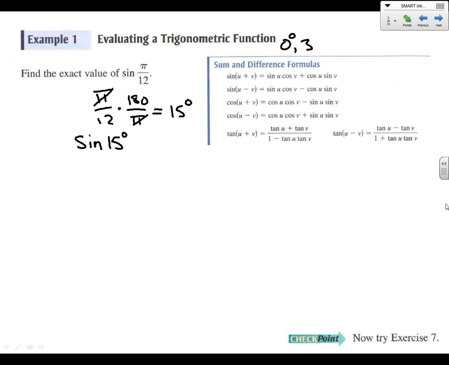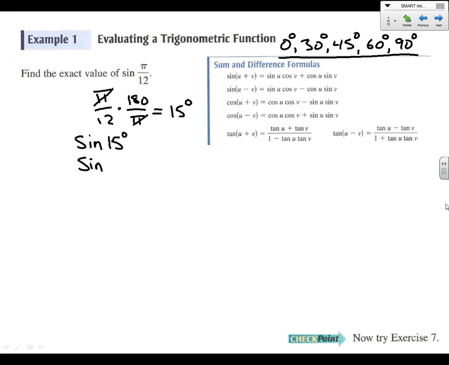We've got 0, 30, 45, 60, 90, and we could keep going into quadrant 2, but those are actually enough to figure out 15. We look at that list and ask, are there any two of these numbers that we could add or subtract to get 15? We can use 30 and 45.